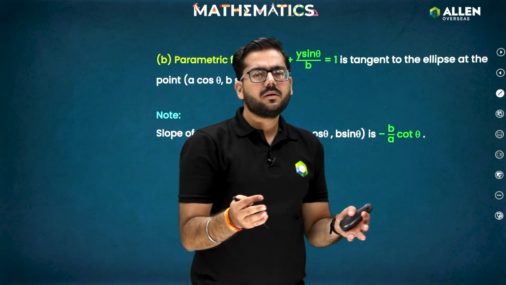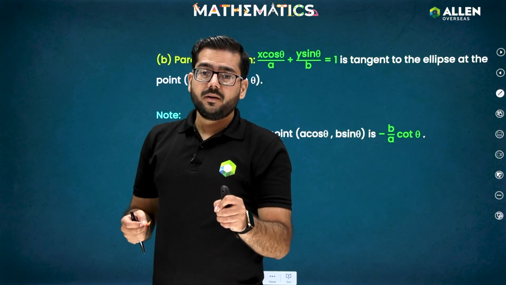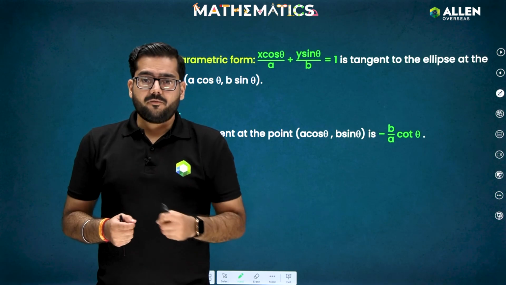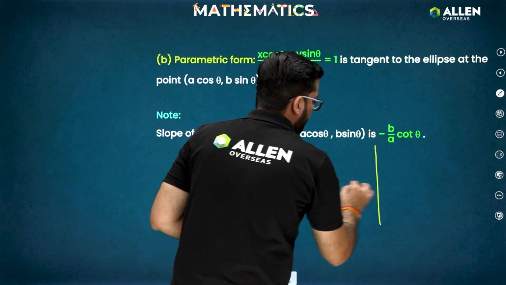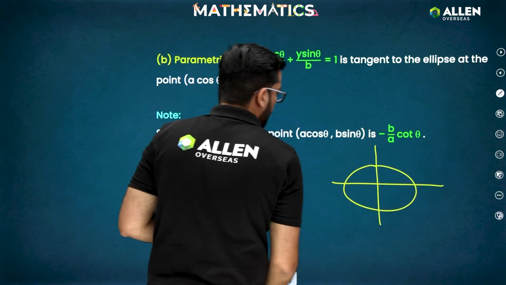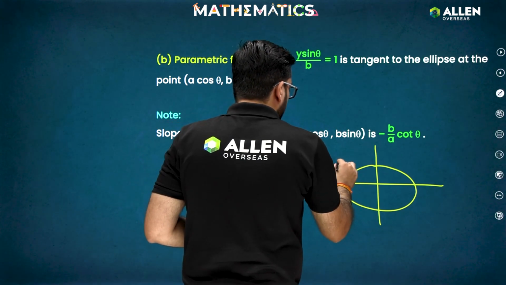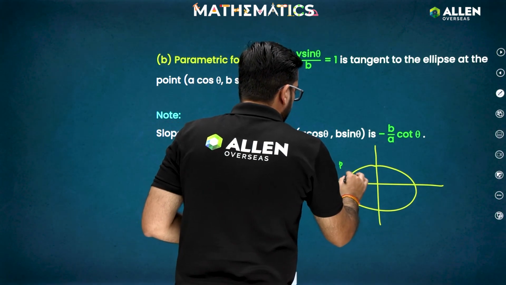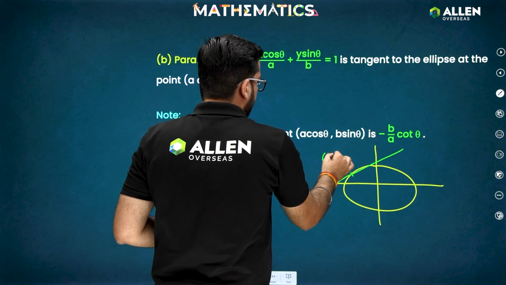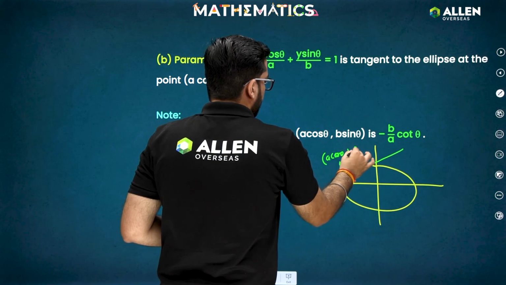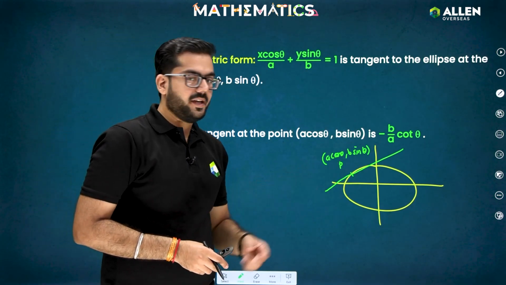I have one ellipse and one point of contact, but this time the point of contact is in parametric form, that is a cos theta and b sin theta. Now I want to write the equation of tangent again, right?